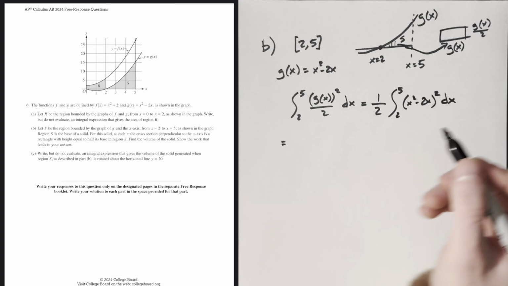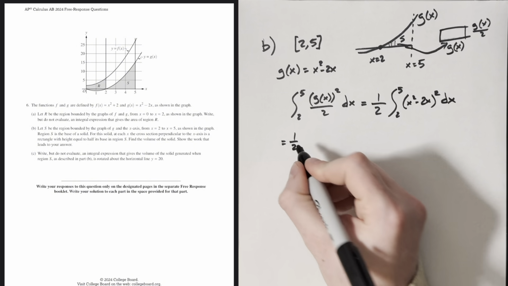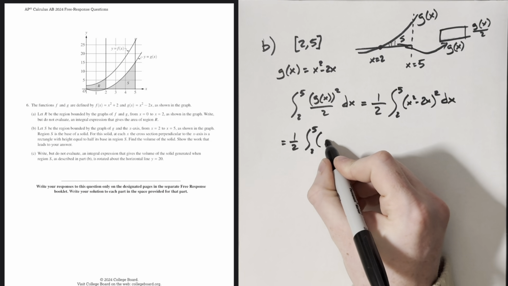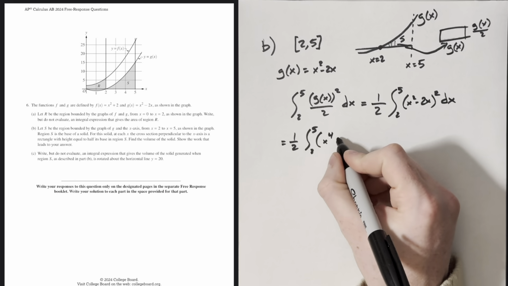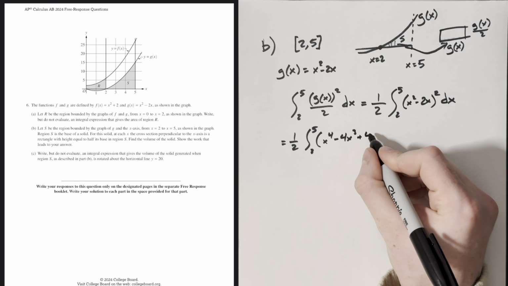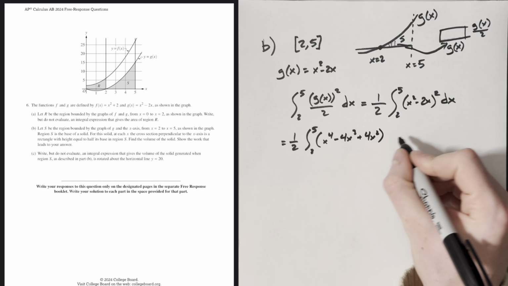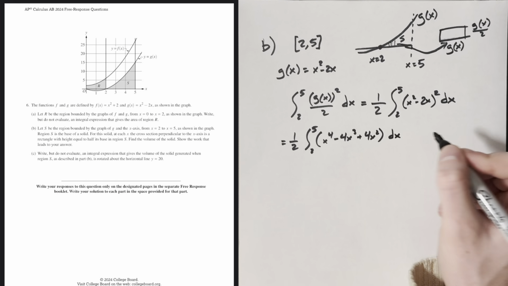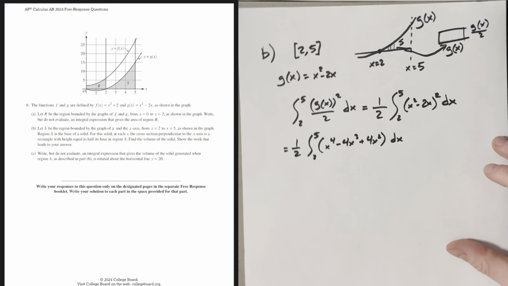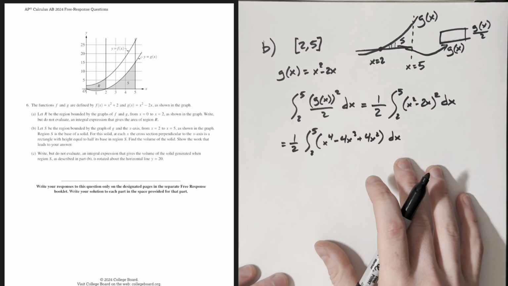Now we're going to FOIL it out, right? We would get 1/2, still integral from 2 to 5, but now it is x to the 4th minus 4x cubed plus 4x squared dx. So you can probably tell by now, but this is going to get a little bit ugly. So let's keep going though.